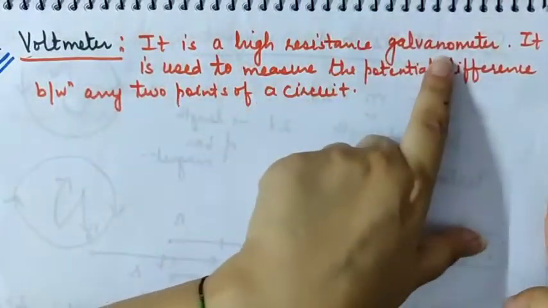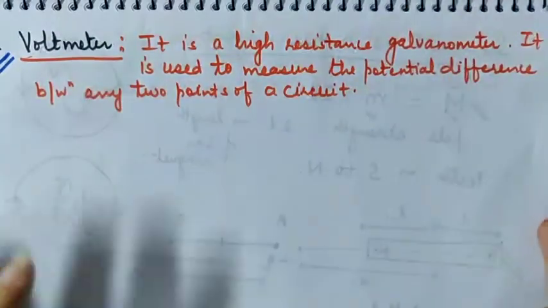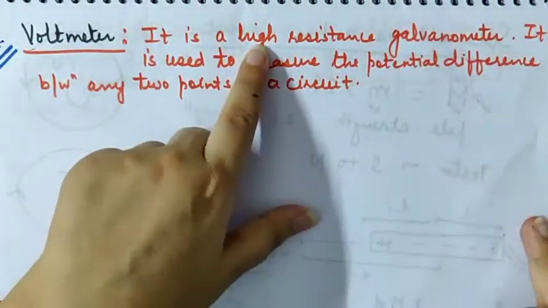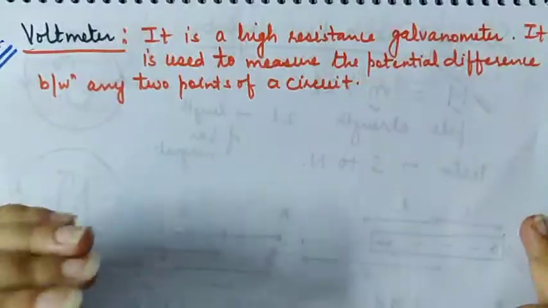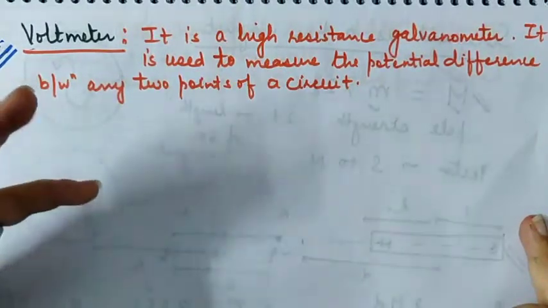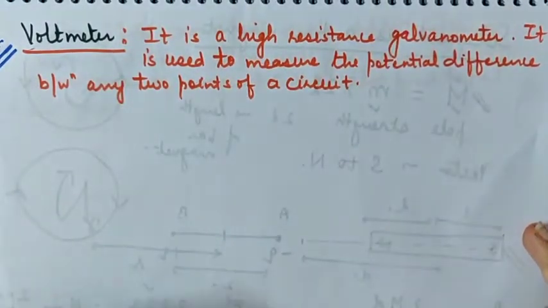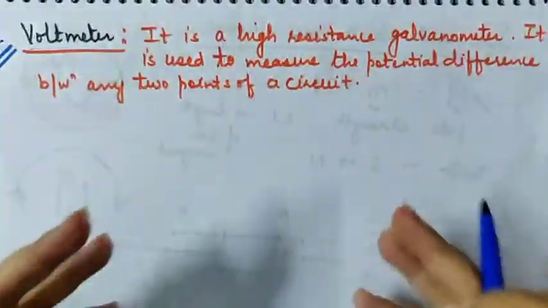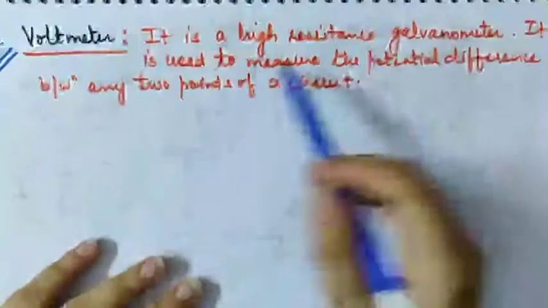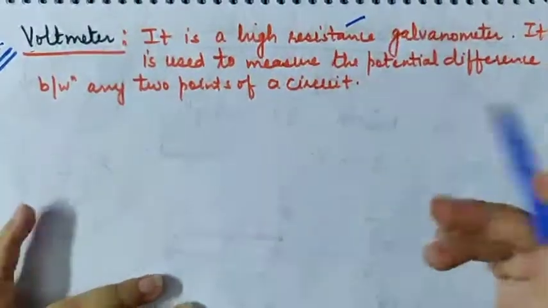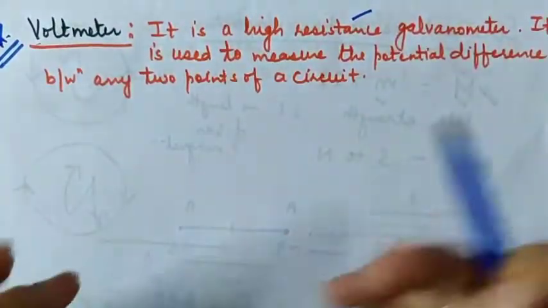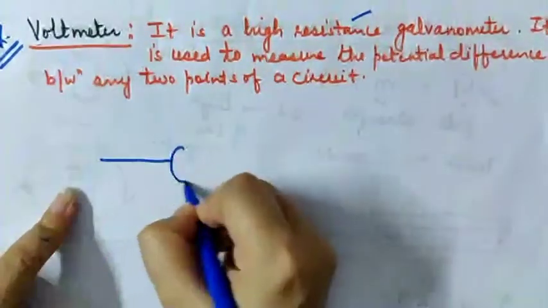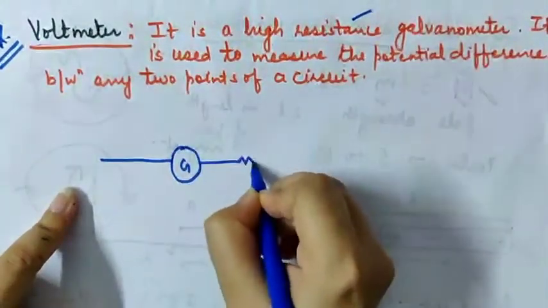It is a high resistance galvanometer because you want to note down the potential through it, so you want its resistance to be very high, so that a lesser amount of current enters, and a large potential drop should occur across the voltmeter so that we might note the actual value. So it is a high resistance galvanometer. To convert it into a voltmeter, you must connect a high resistance to it.